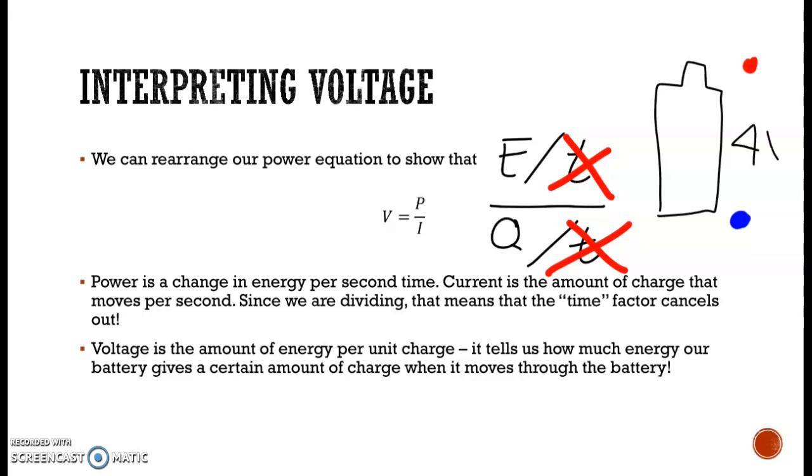So if this is 4 volts, then every coulomb of charge that I move from here to here, that's our unit for charge, gains 4 joules of energy. So voltage is just telling us how much energy our battery gives that coulomb of charge when it moves through the battery.